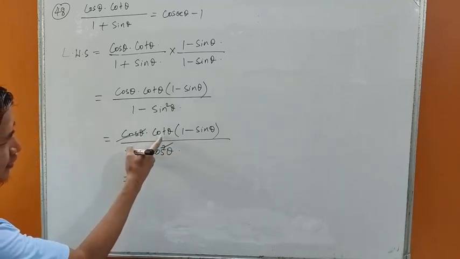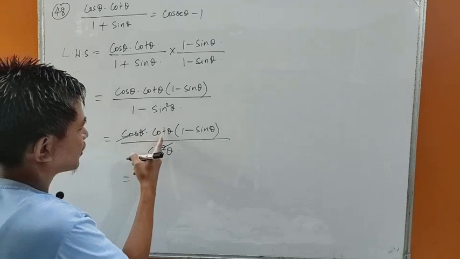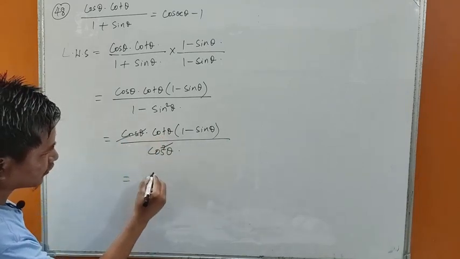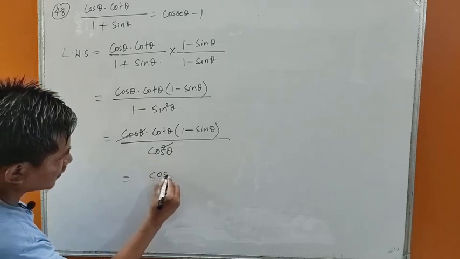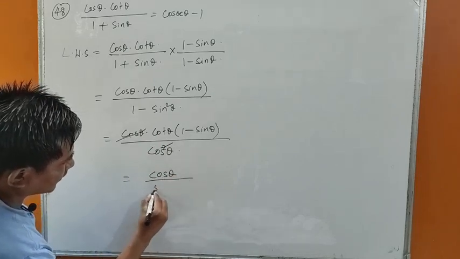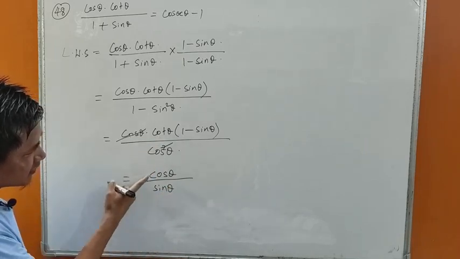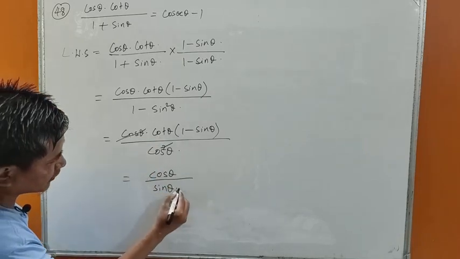So now let's do this. This is cot theta. Cot theta means cos theta by sin theta. So cos theta by sin theta. Again we have cos theta here in the denominator.